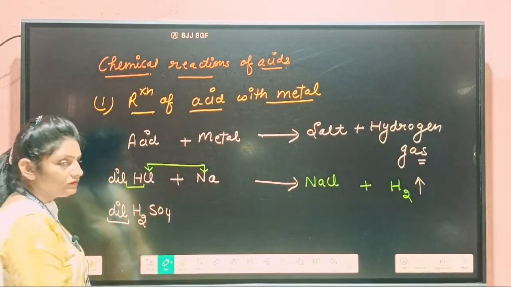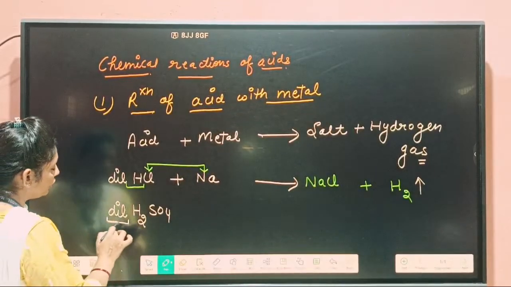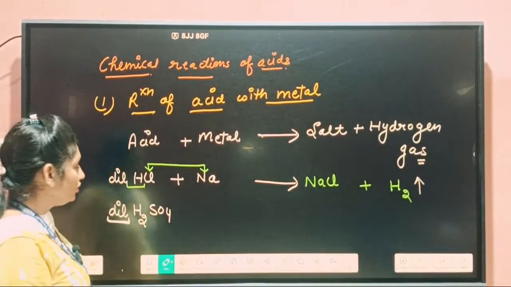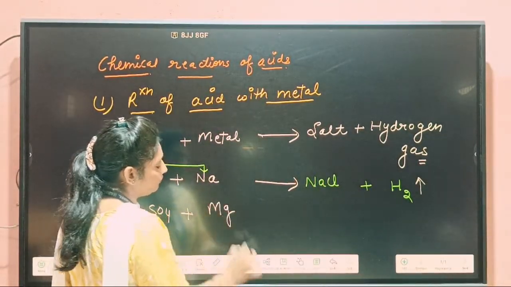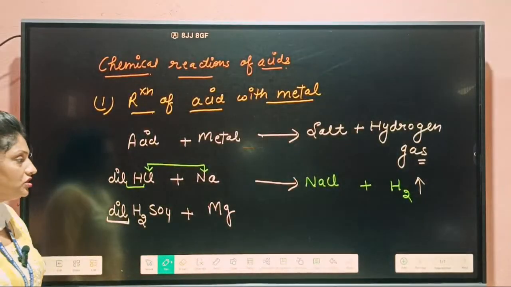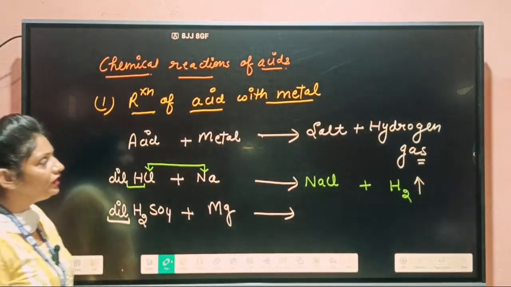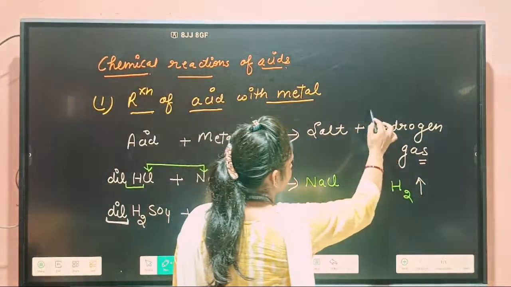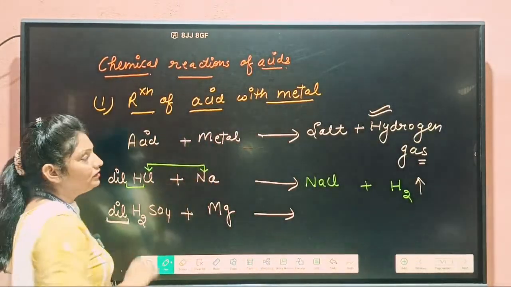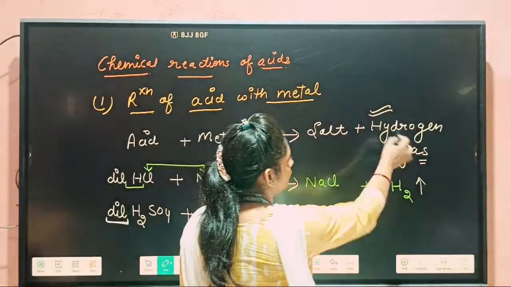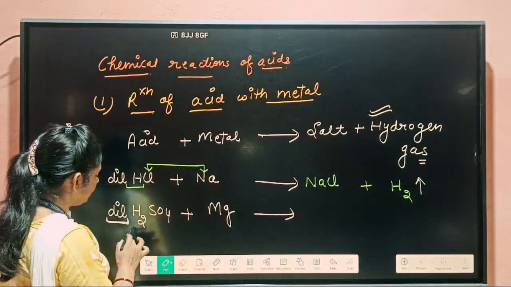Dilute means some water is added in the acid. Okay. Then students, consider we are taking the metal magnesium, Mg. Then generally what will we get? We will get hydrogen gas. Hydrogen gas is the common product when we react acid with metal. So production of hydrogen gas will take place, H2.